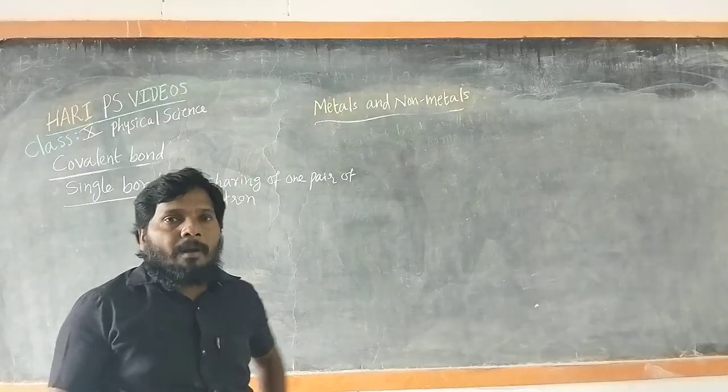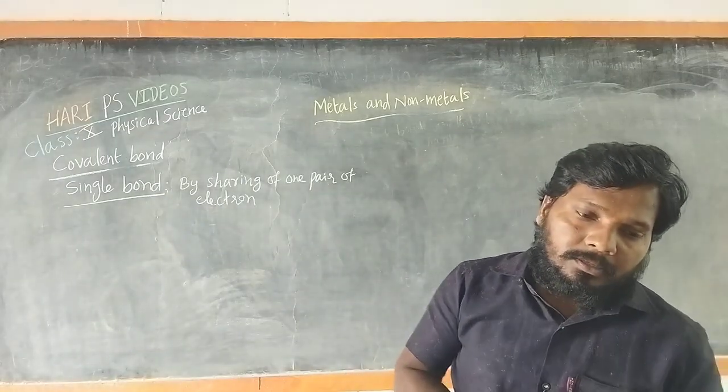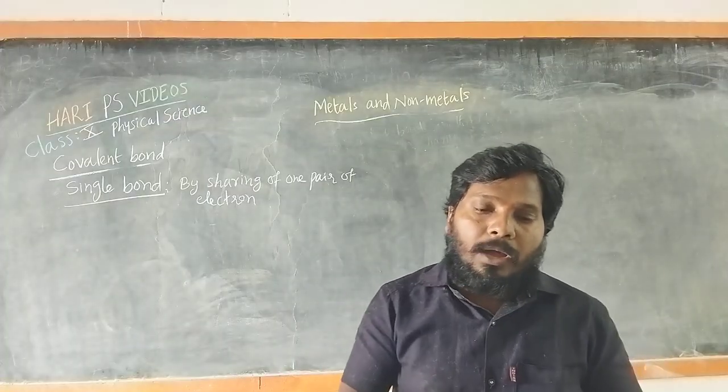So a bond is formed between the two atoms or elements by sharing one pair of electrons between the two atoms.